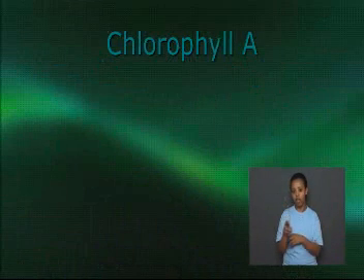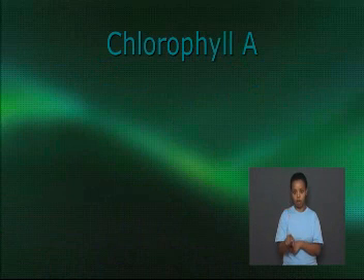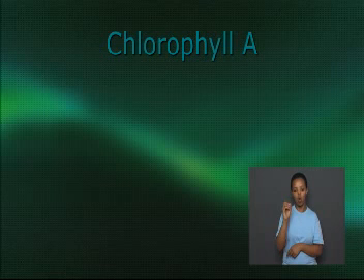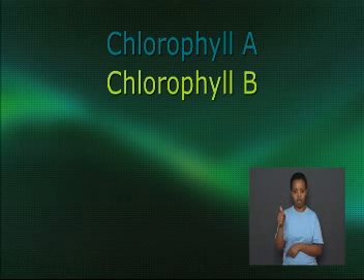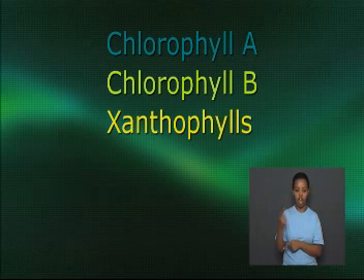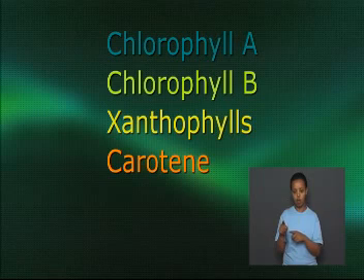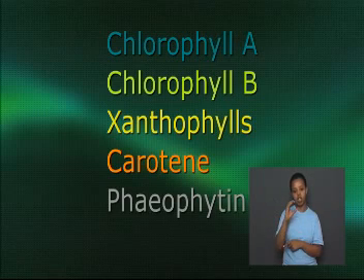With luck, you should be able to identify 5 pigments: chlorophyll A, which is blue-green, chlorophyll B is yellow-green, xanthophyll is yellow, carotene is orange, and pheophytin is gray.